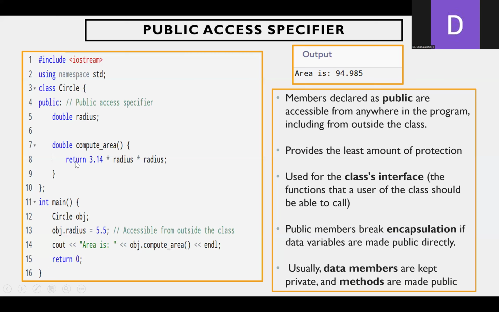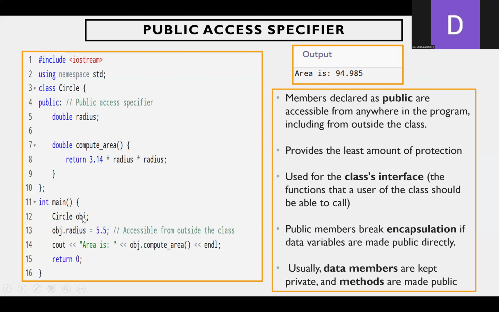Now, talking about double computeArea, it is a member function named computeArea that returns a double. It's defined inside the class body, so it's implicitly inline here. It returns 3.14 times radius multiplied by radius, which calculates the area using the formula pi r squared.